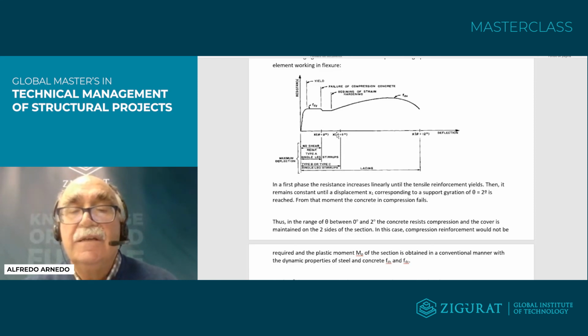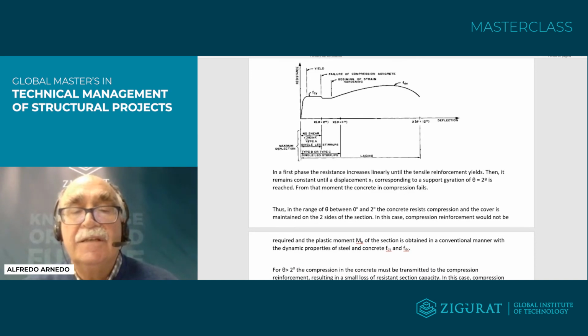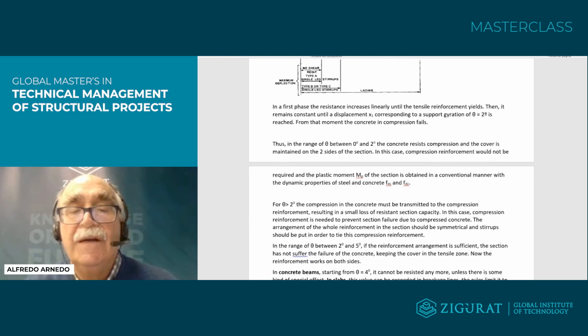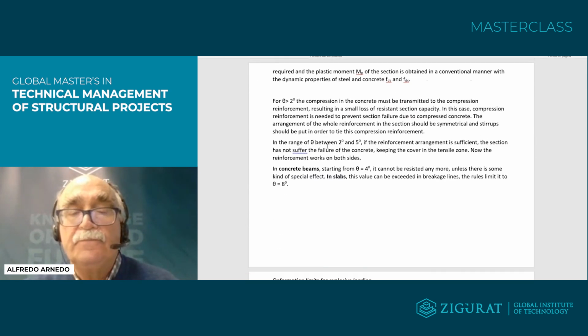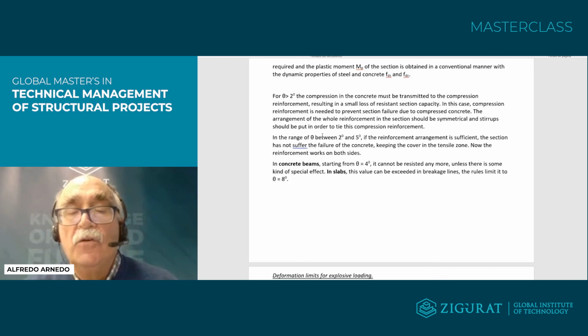Usually the failure is suffered before due to other elements, but consider that without any shear reinforcement, we can only reach 2 degrees, and depending on the treatment of the shear, we can reach more important values. So of course, here is an advice: design symmetrically, so the top and the bottom must be the same.